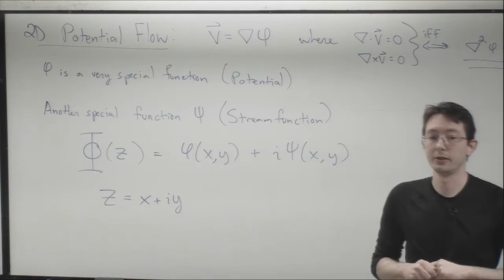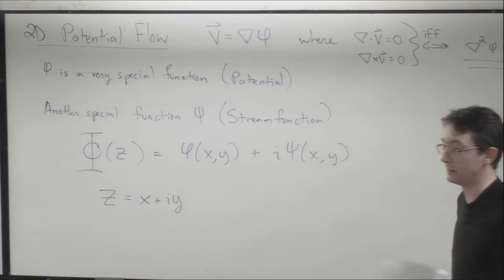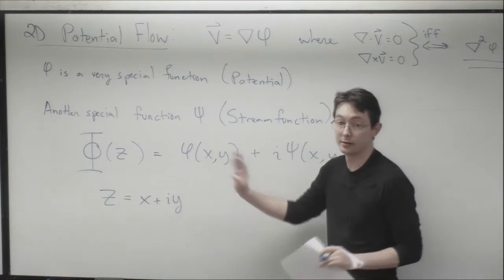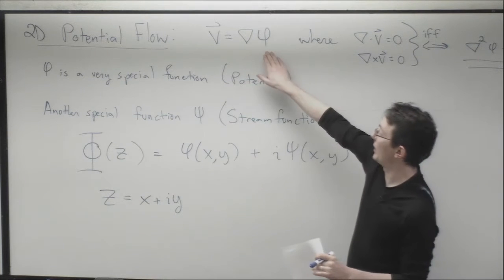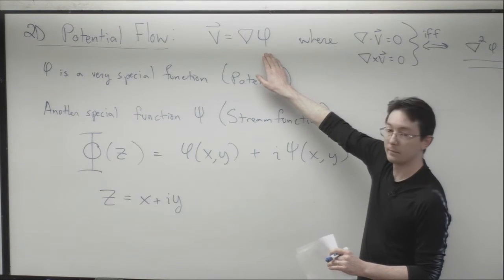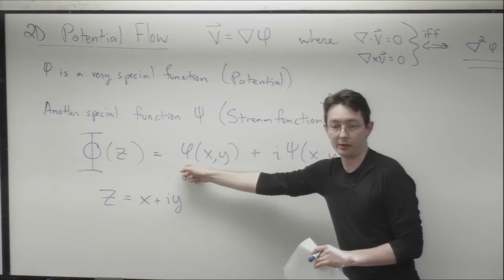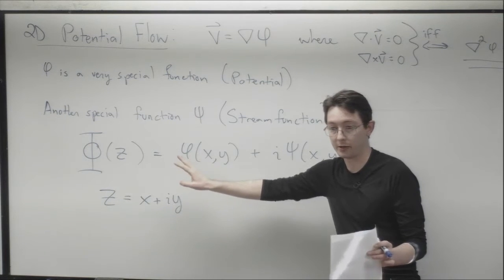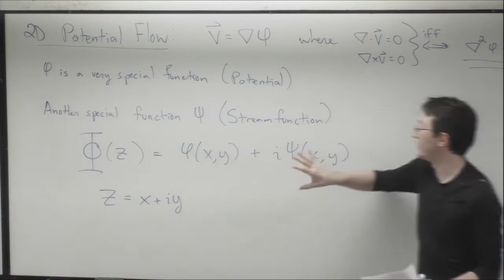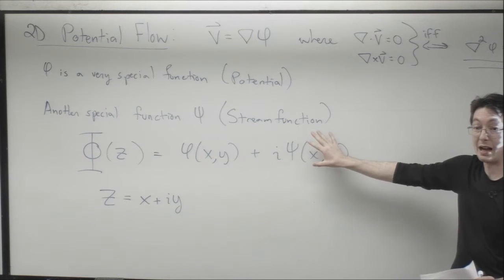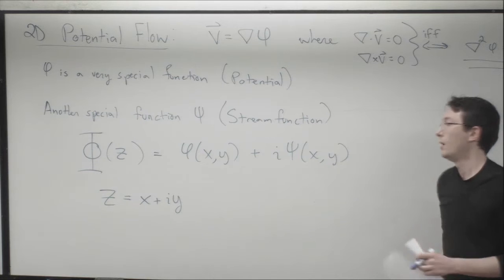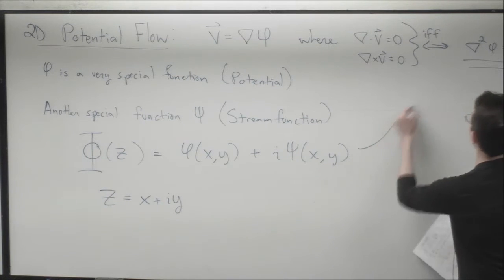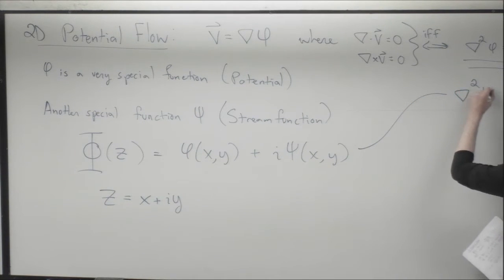I'm just writing down notation right now. I'm just telling you what the names of things are, and then we're going to tell you how to use these. So we know that there's this special function phi. Phi is a function of x and y, and it's real valued, just a real valued scalar function. And I'm telling you that there is another special function called psi. It's also real valued, and it's a function of x and y. And psi also satisfies Laplace's equation.